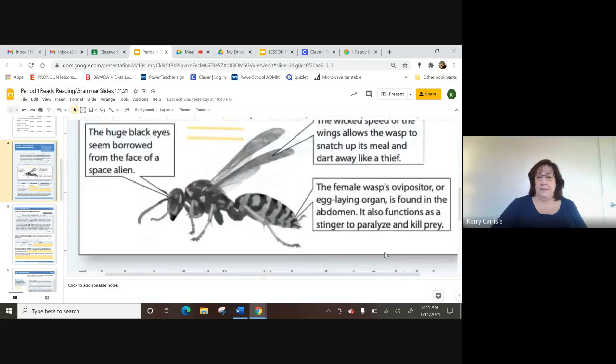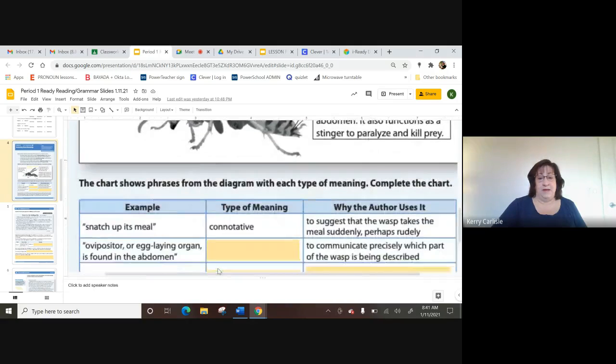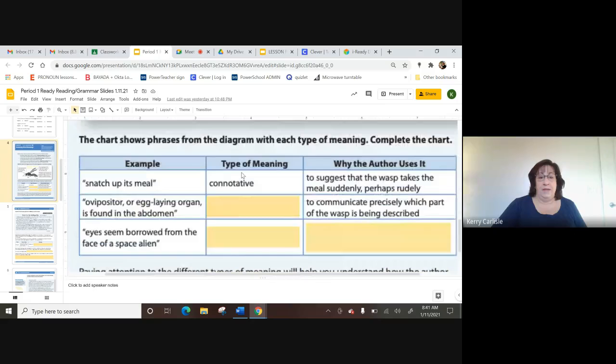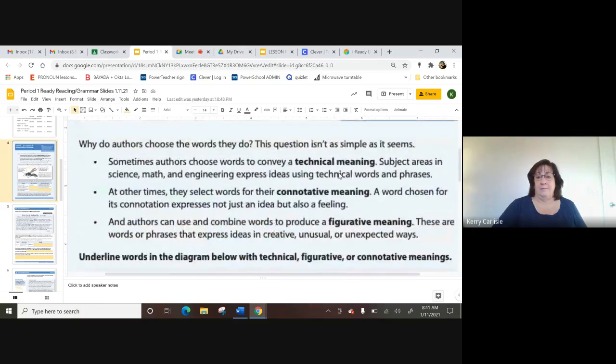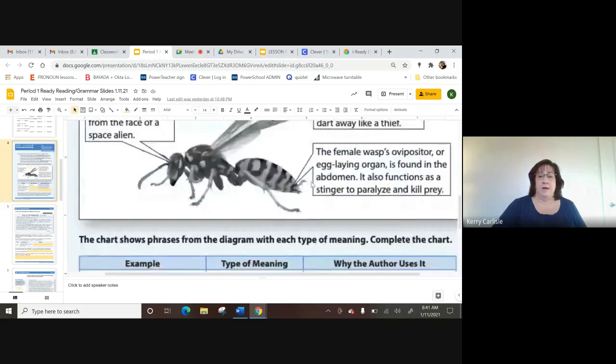It's a little tricky, I think. And then there's a chart, and you have to decide: ovipositor, or egg laying organ, is found in the abdomen. And why the author used it to communicate precisely which part of the wasp is being described. So this is pretty obviously one of the technical meanings, right?